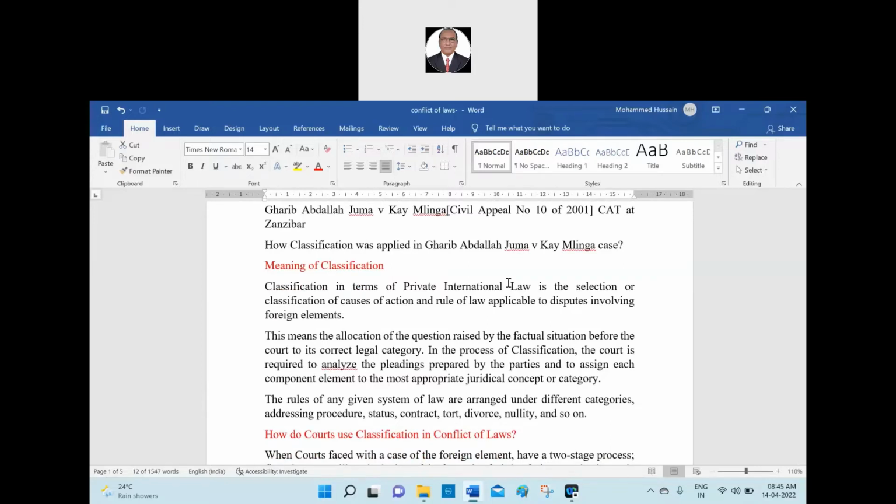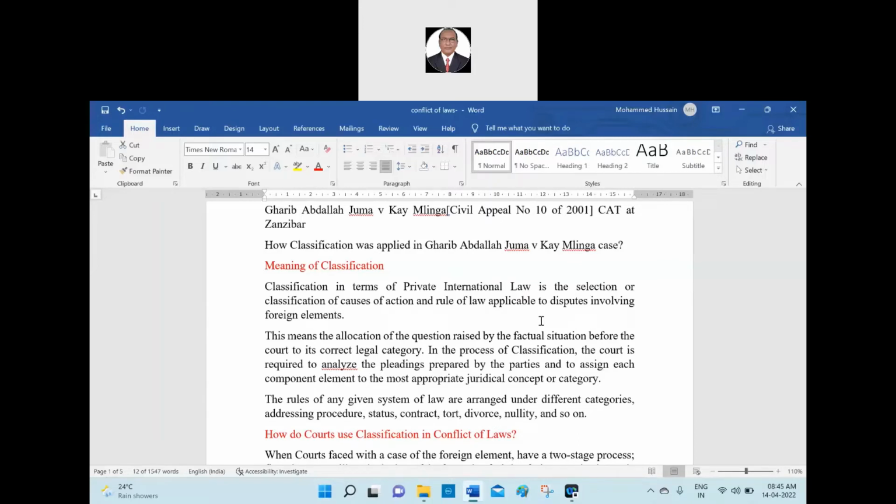Let us see first the meaning of classification. Classification is a term of private international law. I repeat, classification in private international law is a selection or classification of causes of action and the rule of law applicable to disputes involving foreign elements.